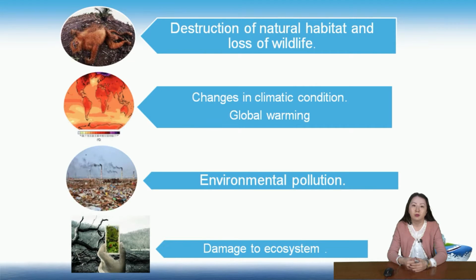And another impact of deforestation on the environment is environmental pollution. We have air pollution and water pollution. It is all an impact on the environment and on the forest. And lastly, damage to the ecosystem.